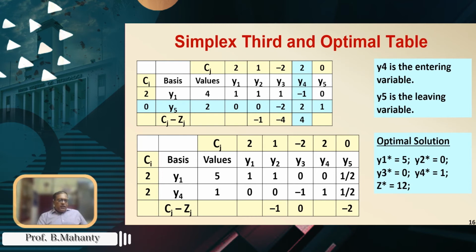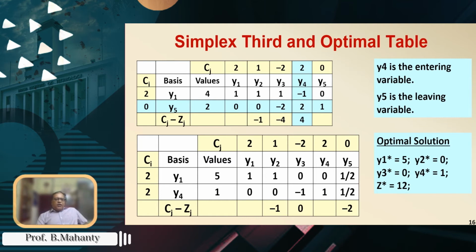So these 4 divided by minus 1 has no meaning because it doesn't require any resource. It is actually releasing resource, so y1 will never be the bottleneck resource. That means y5 is the only thing left that should be the bottleneck resource, and 2 by 2 equal to 1. So y5 should be leaving and y4 should be the entering variable.